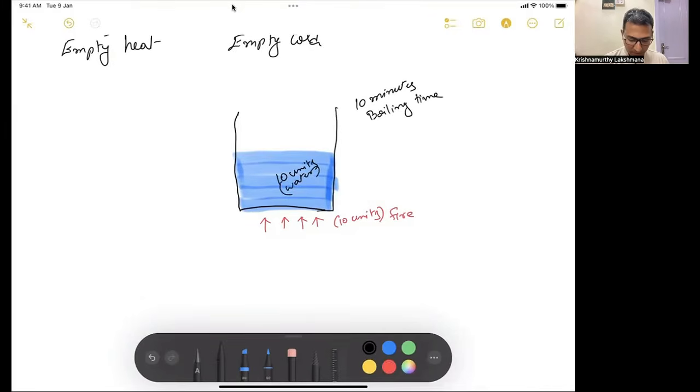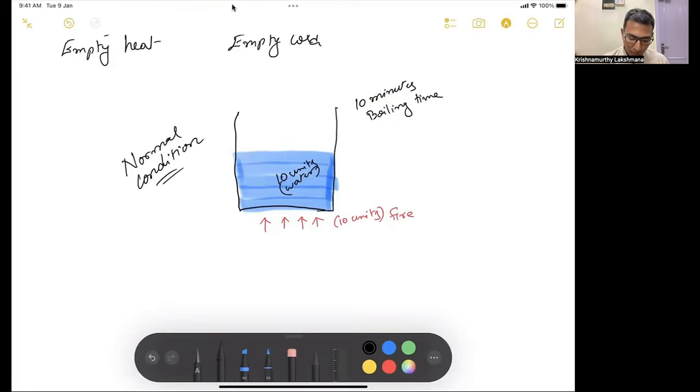So this is a normal condition. So now with this, we will try to create different permutations and combinations.